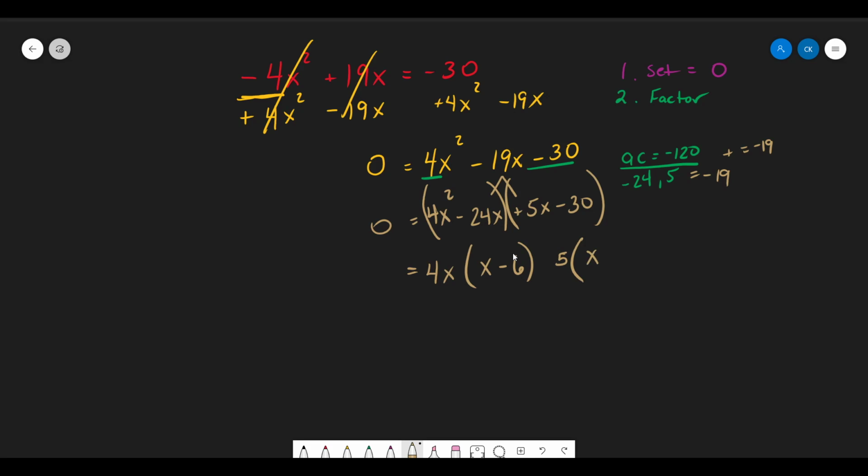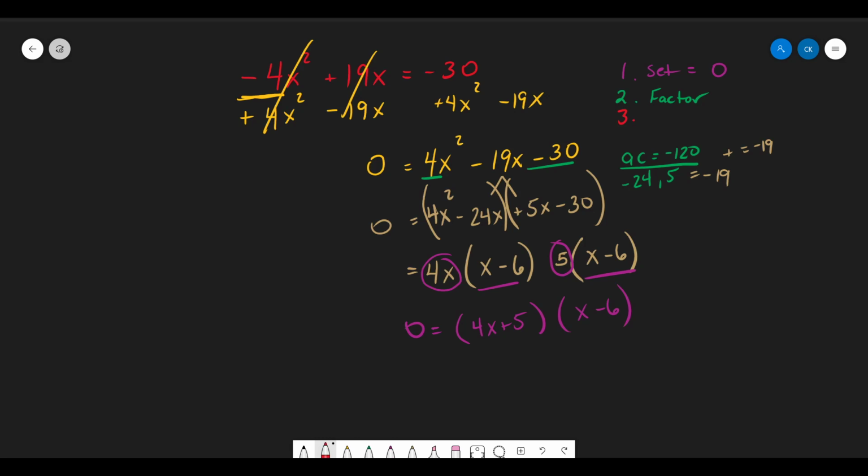When I factor out a 5, I'm left with x minus 6. I see a twin, so I take my two GCFs, put them in one parenthesis, 4x plus 5, put the twins in the other one, and I have done step 2 of factoring.